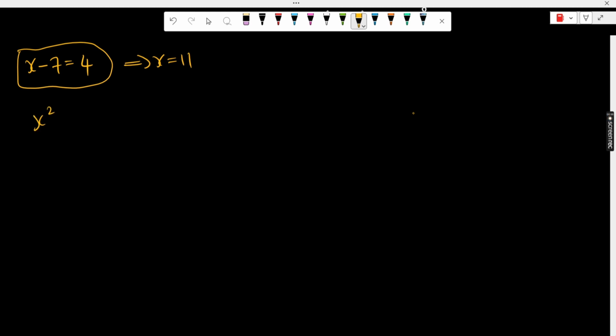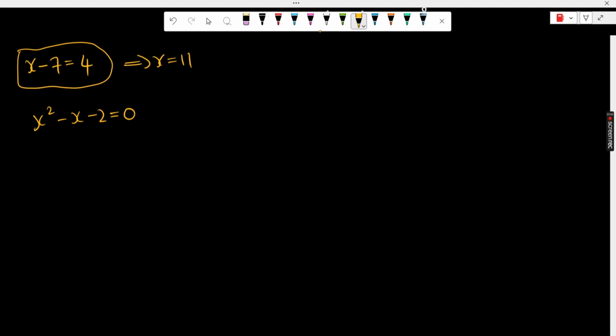If we have x squared minus x minus 2 equals 0, this is a quadratic equation and it would basically be true for at most two values of x.